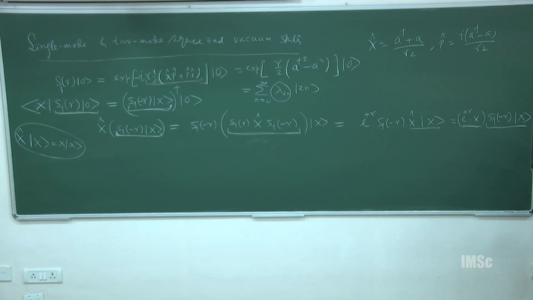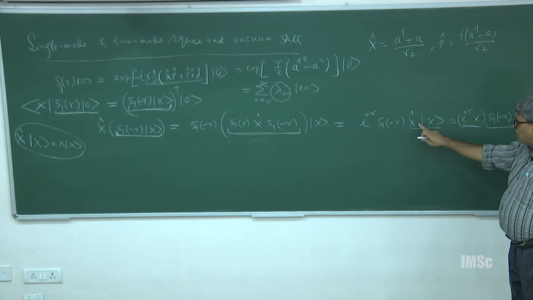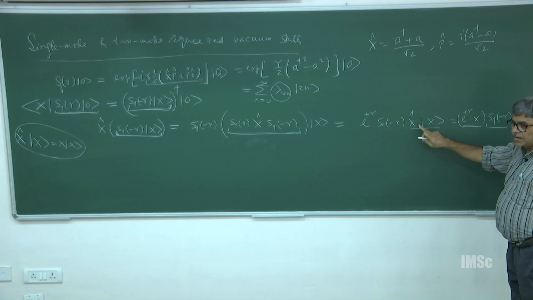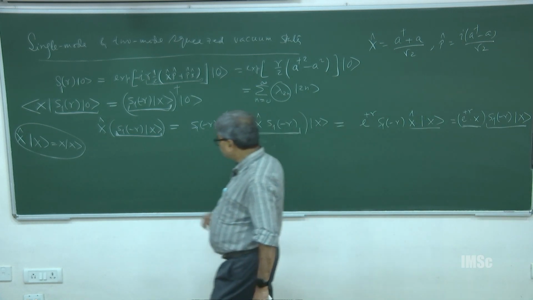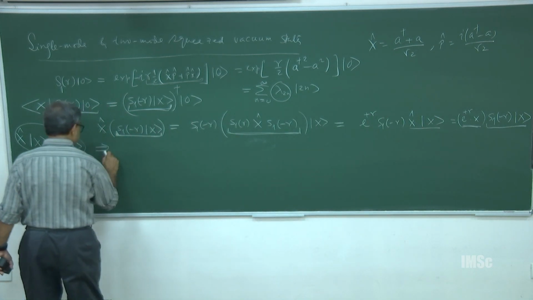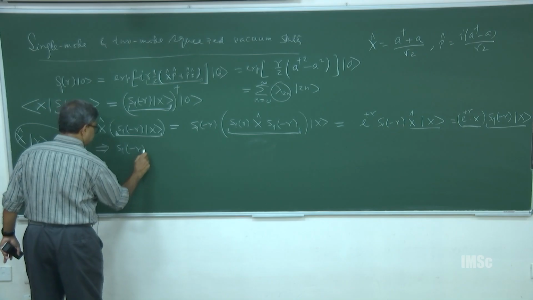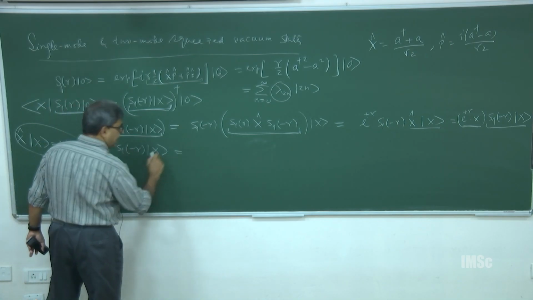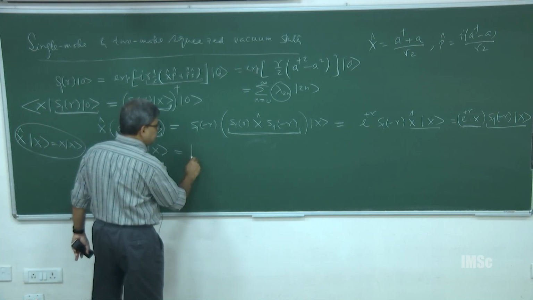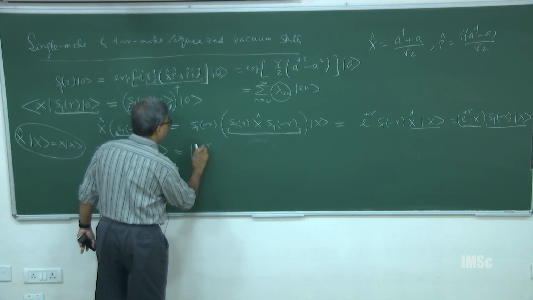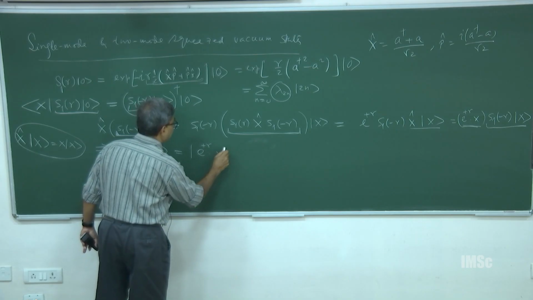The eigenvalue is e to the power r times x, where x is a number, the eigenvalue of this operator. So this means that this is actually a position eigenstate, and the position value is e to the power plus r times x.